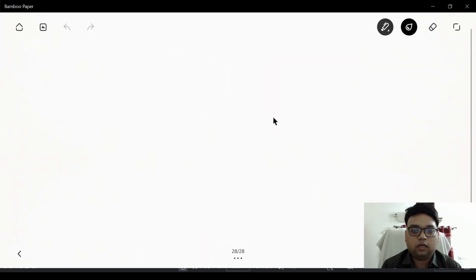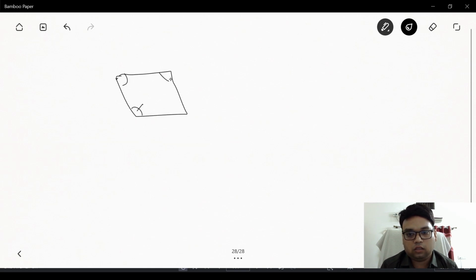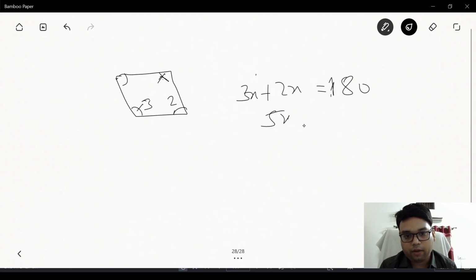Adjacent angles simply mean this and this angle, because the sum of adjacent angles is equal to 180 degrees. So 3x plus 2x is equal to 180 degrees, 5x is equal to 180 degrees, so x will be equal to 180 divided by 5.